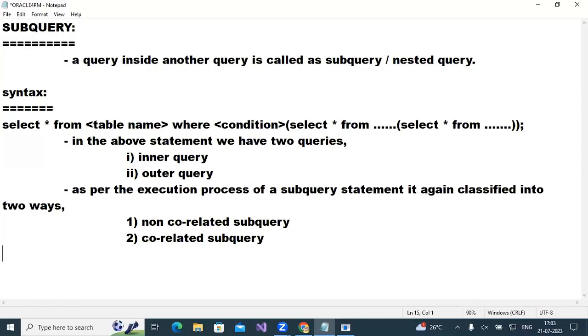As per the execution process of subquery, it is classified into two ways: non-correlated and correlated.